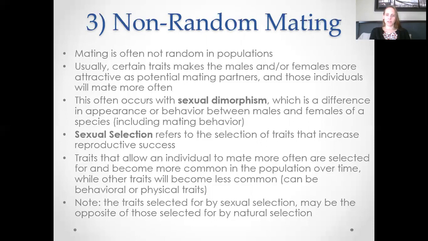This often occurs with something called sexual dimorphism, which is a difference in either appearance or behavior between males and females. So if you can't tell the males and females apart in your species, then there's no sexual dimorphism, and in that case, mating will probably be random.